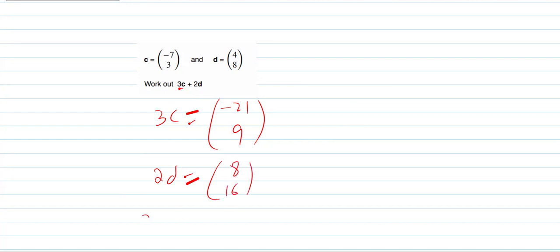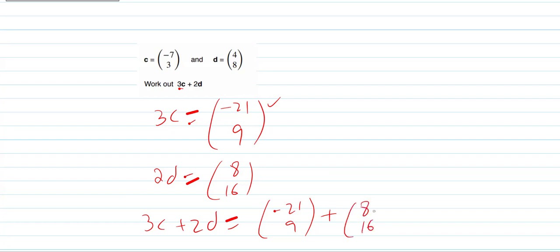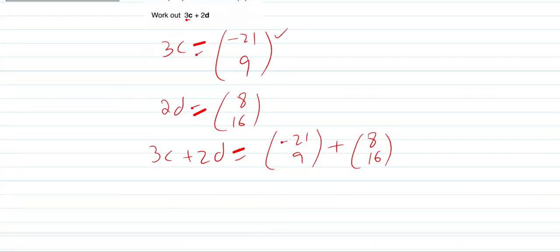So now I want 3C plus 2D. In place of 3C, I will write the 3C column vector, (-21, 9), plus this 2D, (8, 16). Okay, so let's add: -21 plus 8 and 9 plus 16.